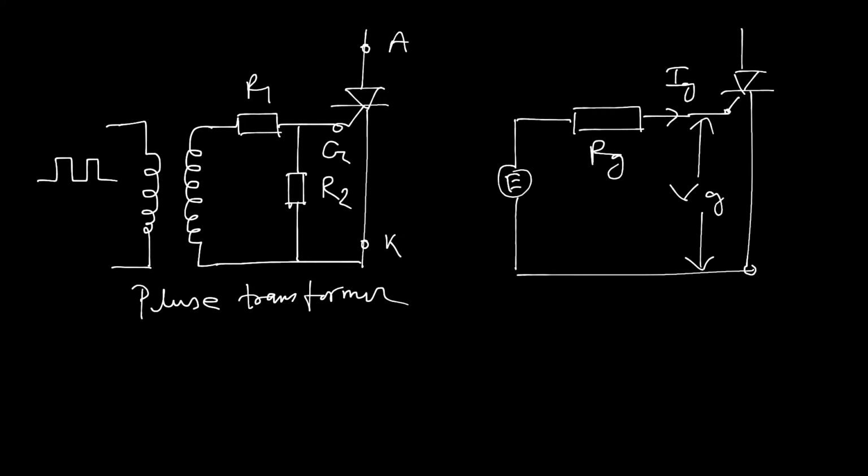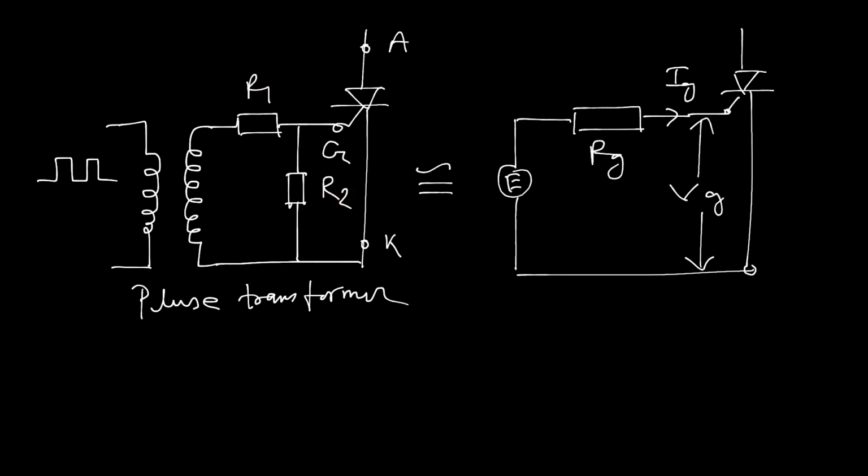So this is the Thevenin equivalent circuit, in which E is the open circuit voltage source, which is taken from the basic circuit of the firing circuit of the SCR, and RG is the combination of R1 and R2.